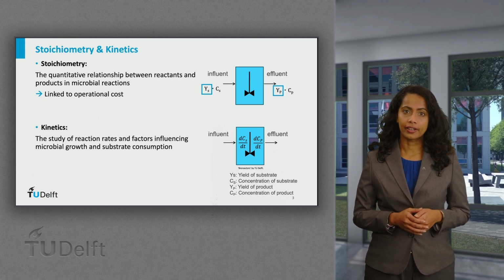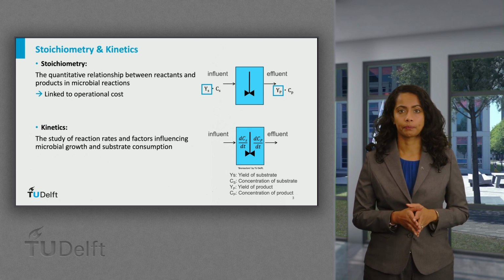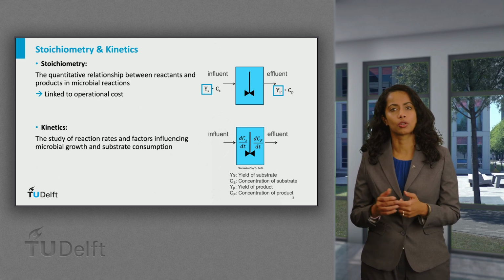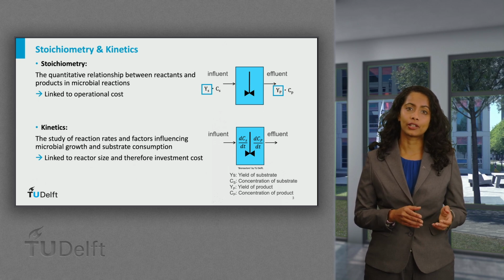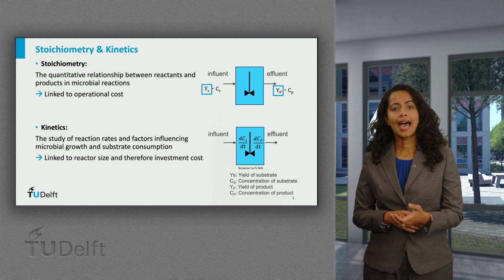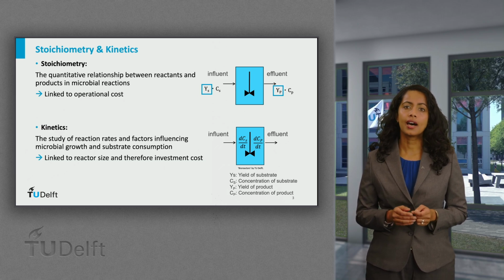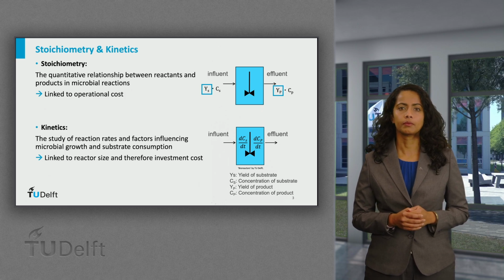In the reactor diagram, the influent defines the rate of substrate consumption, while the effluent represents the rate of product formation over time. Therefore, kinetics helps us calculate reactor size and influences capital or investment costs. Both are essential when designing and optimizing a bioprocess.